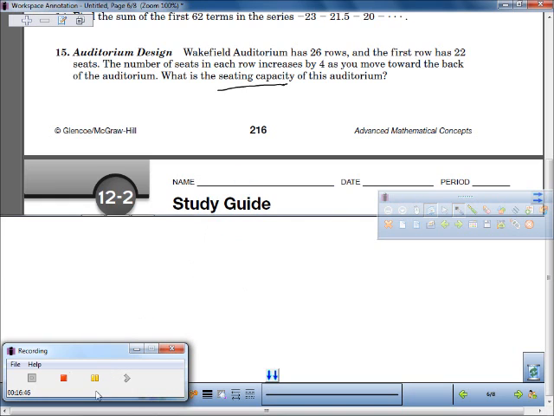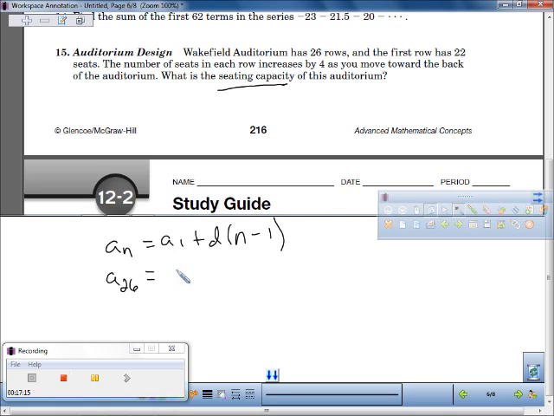Alright, so the first thing I'm going to do is find how many seats are in the last row. So I'm going to take a sub n is equal to a1 plus d times n minus 1. We know that it has 26 rows, so a sub 26 is what I'm interested in first.